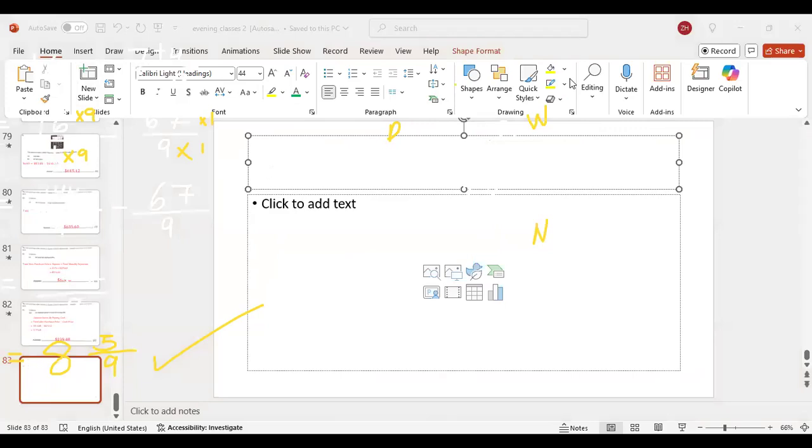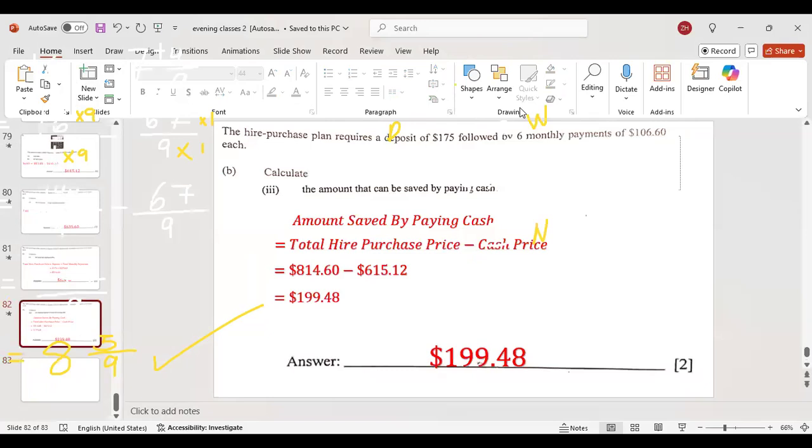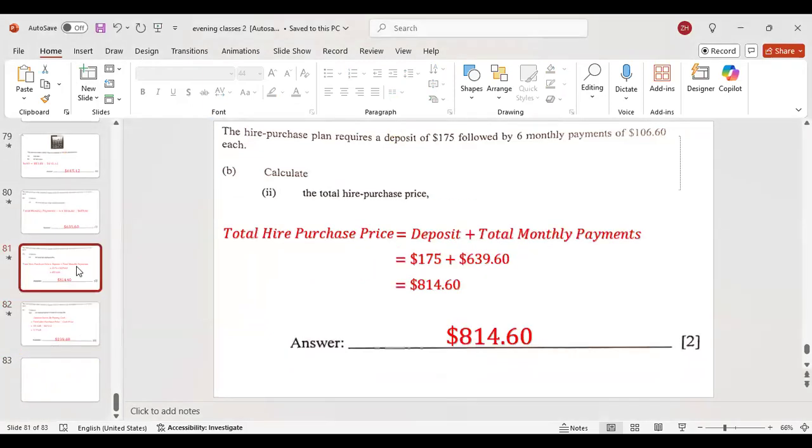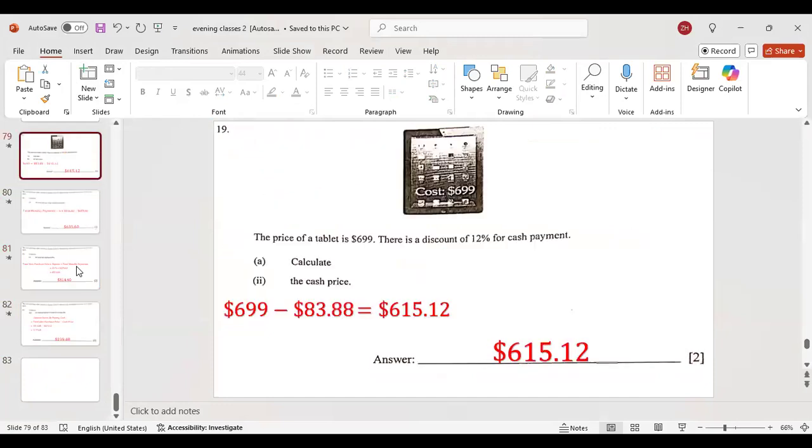Mr. Petit, could you go back to the slide with the iPad one, please? Which one? This one? The one that calculates the cash price. The price of the tablet and then the cash price one. Oh, this one. Is that one after this?